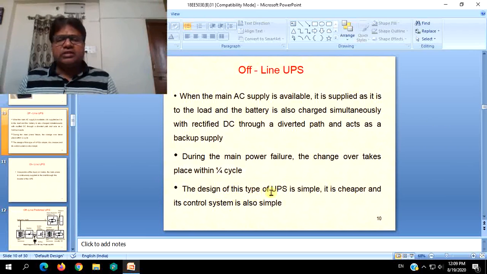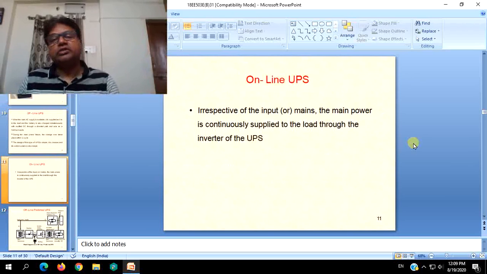The design of this type of UPS is simple. It is a cheaper one, and its control system is also simple. Mostly for computers, we will be using this one.